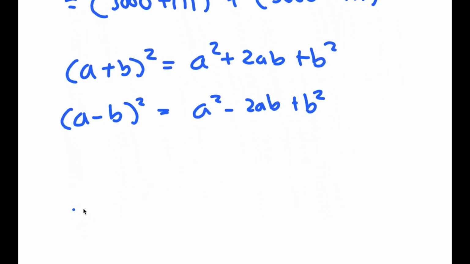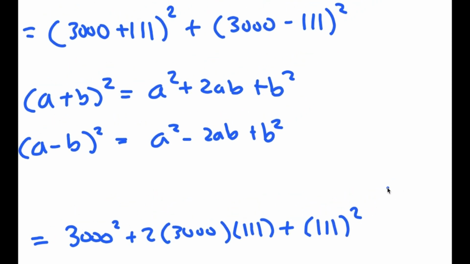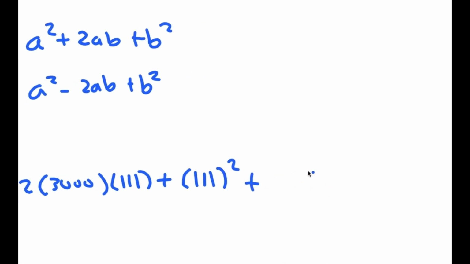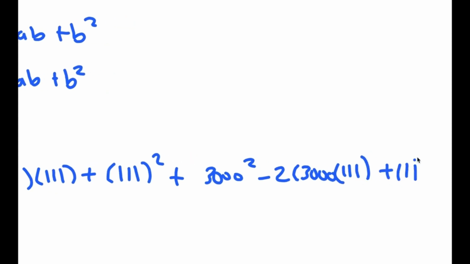So 3000 plus 111 squared is equal to 3000 squared plus 2 times 3000 times 111 plus 111 squared. And now I have this plus 3000 squared minus 2 times 3000 times 111 plus 111 squared.